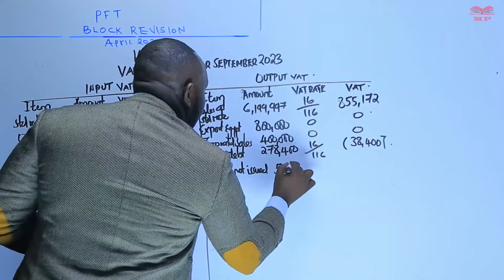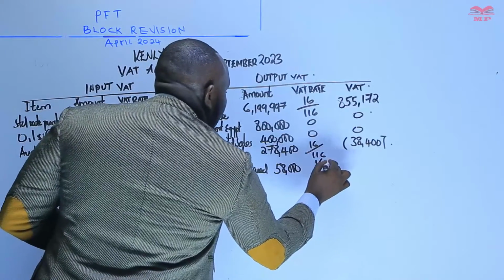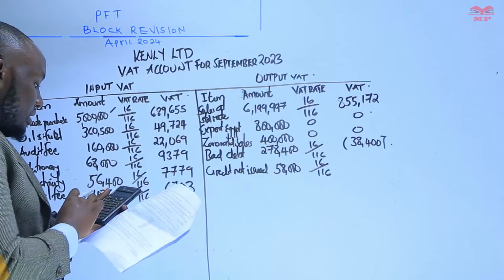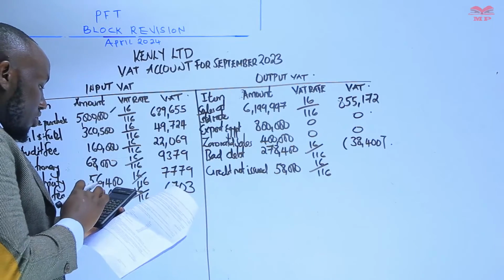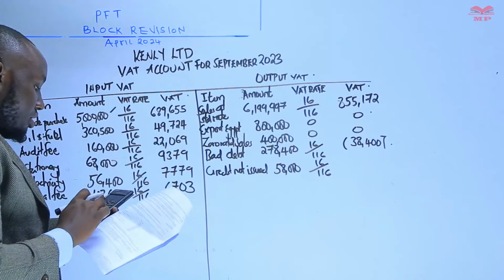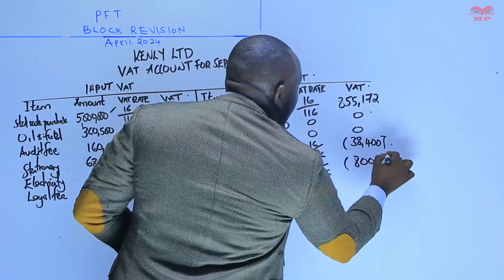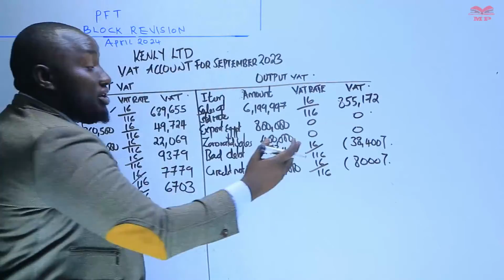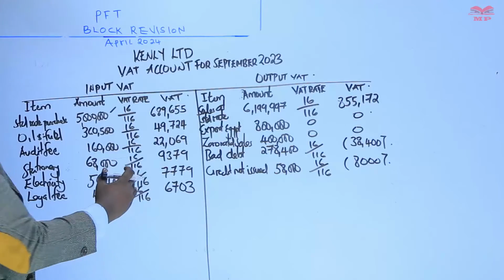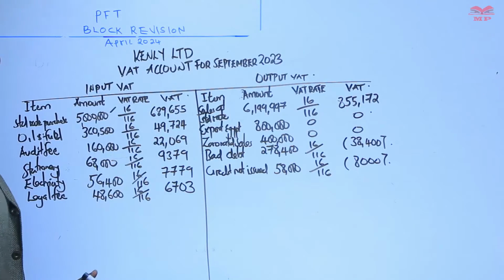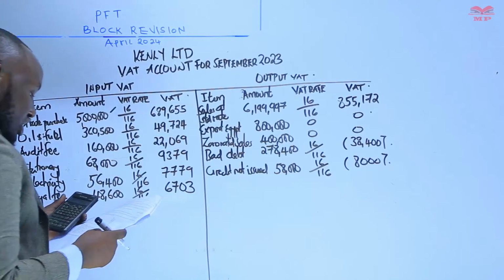So we have 58, 16 will less that credit note issued. So we have 5800 times 16 over 116. So that should be a minus of 8,000. So that's the credit note issued. These figures, we can have them on the input because this is a VAT account. But when you have them on the input side, then they should be positive.